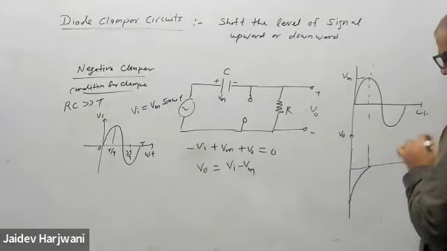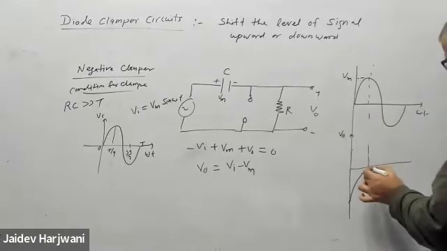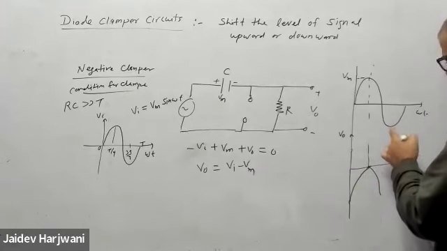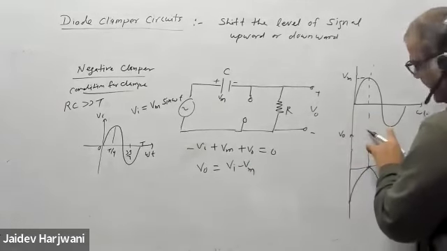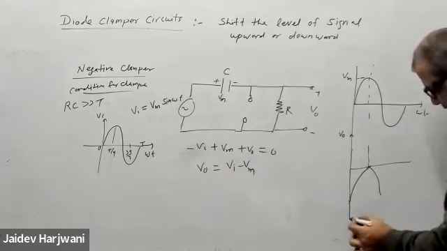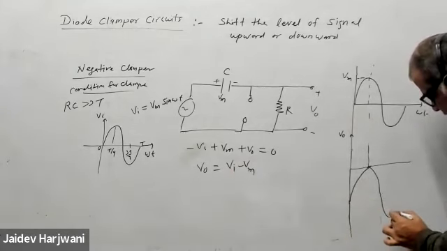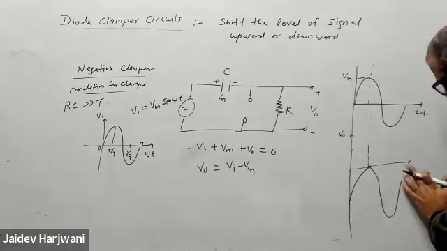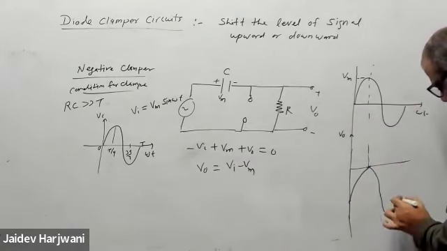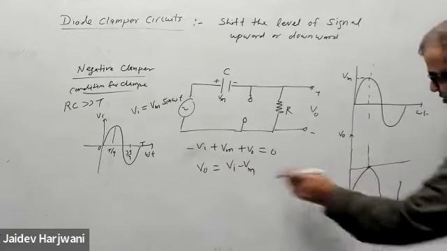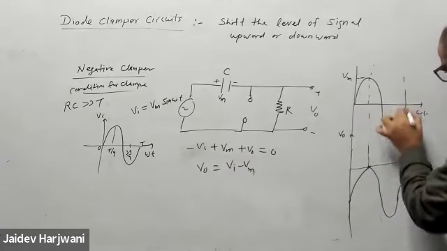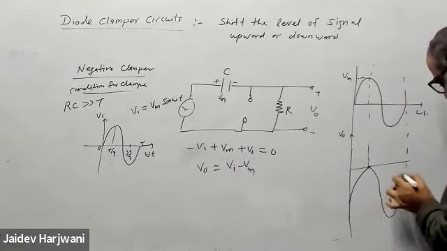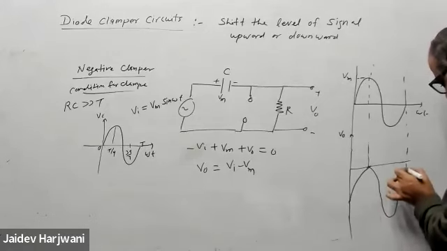And now again you come down. When it is 0 here, it will go negative, and at the negative peak minus Vm it will come to minus 2Vm. So your circuit will go like this. When it is 0, it goes to minus Vm up to here, and this way it will keep on going.